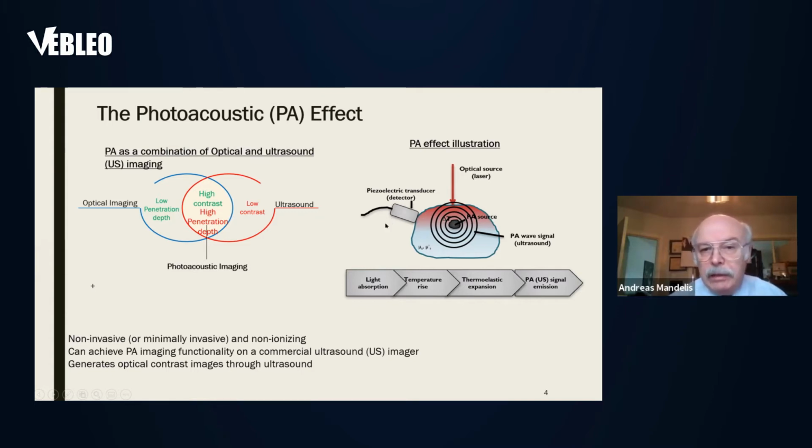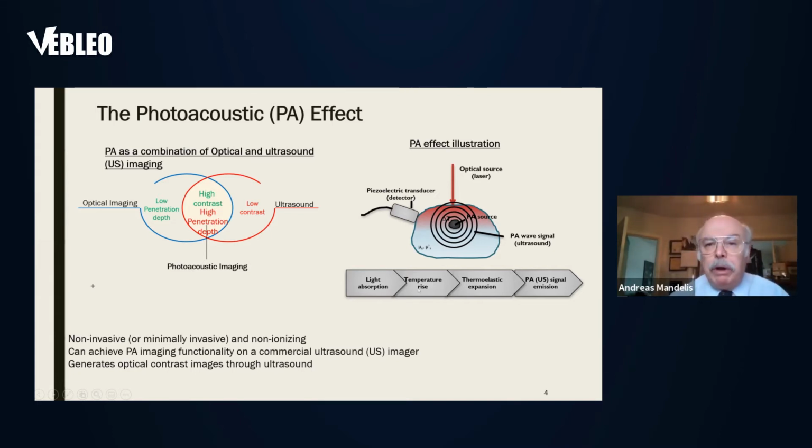So here is a case. What happens in the physics of the phenomenon? You have a light absorption. Here's an optical source, a laser. Then the light is penetrating into the tissue and it is absorbed by a component of the tissue. Maybe it is blood, maybe it is a lipid, maybe it is something else. But once you have light absorption, then you have a conversion to heat.